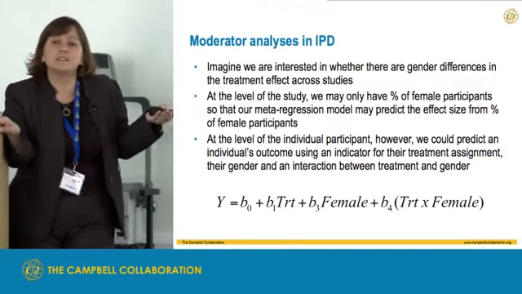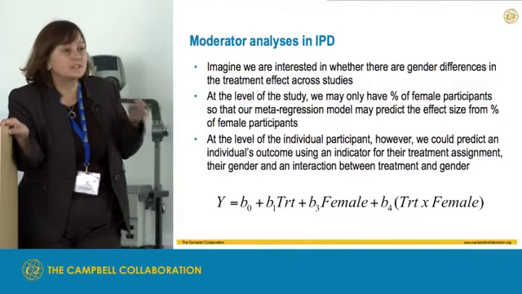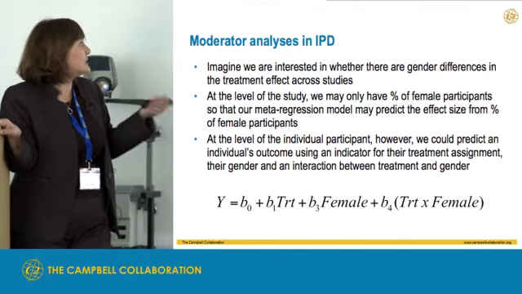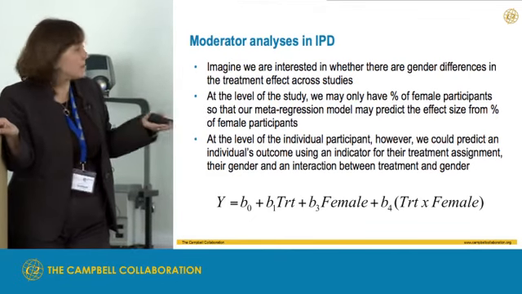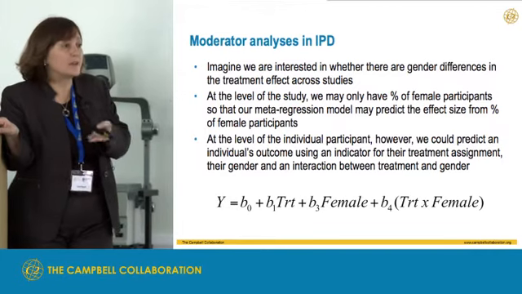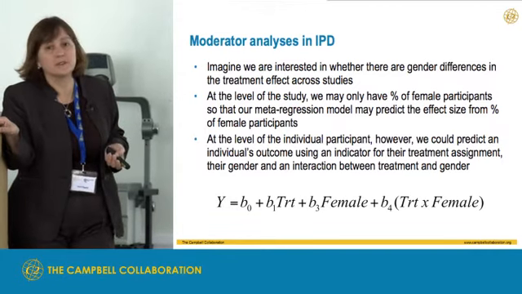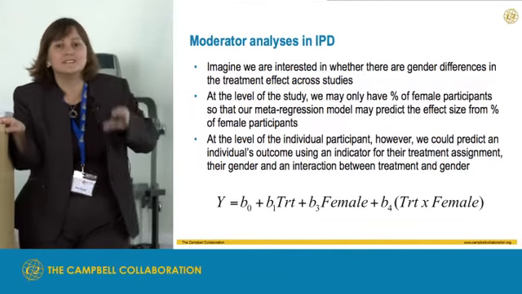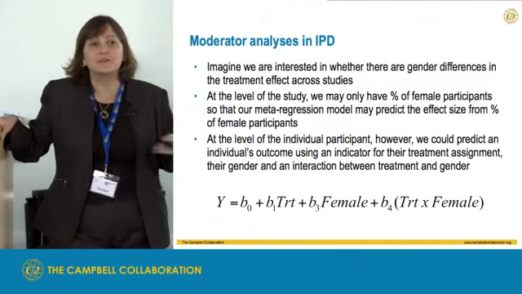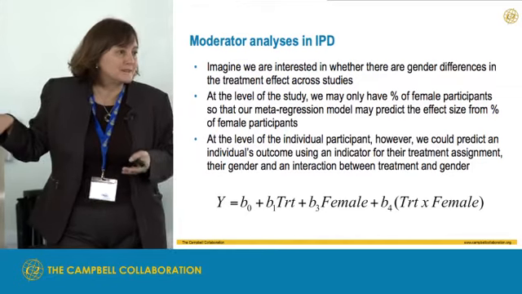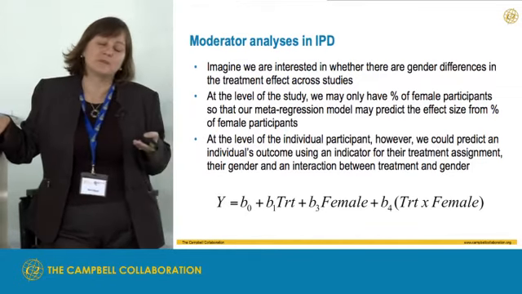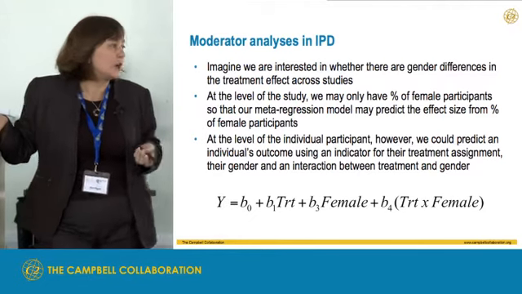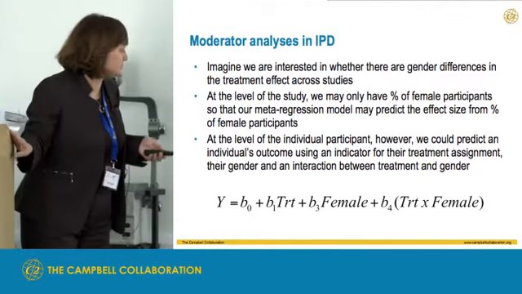But at the level of the individual participant, we can actually predict an individual's outcome by their gender, being in the treatment group or not, and an interaction effect between those two. So we get at the question of whether the treatment effect differs depending on whether you're male or female, as opposed to how the treatment effect differs given the percentage of females in the sample.